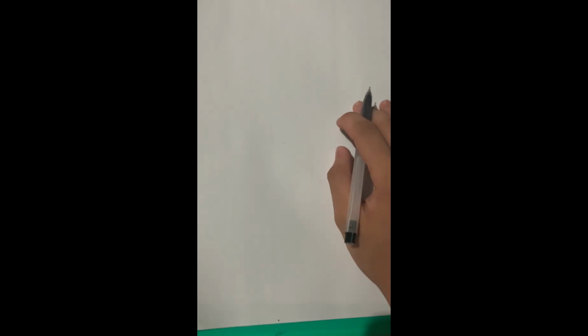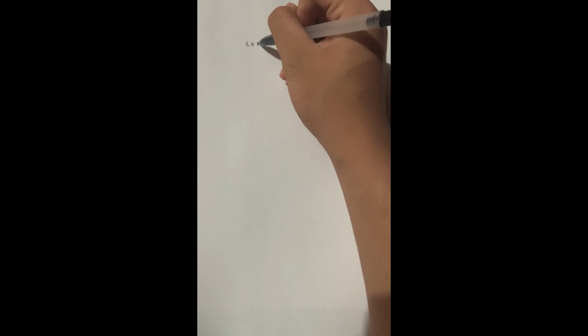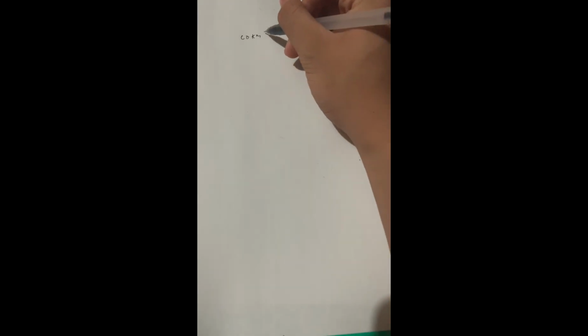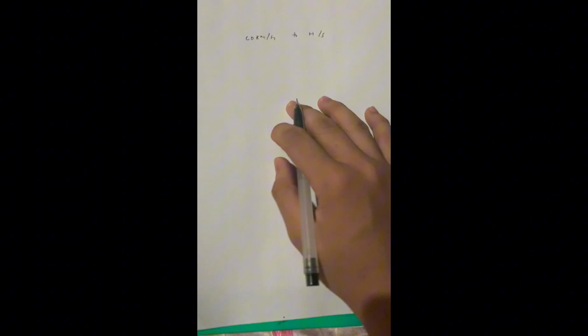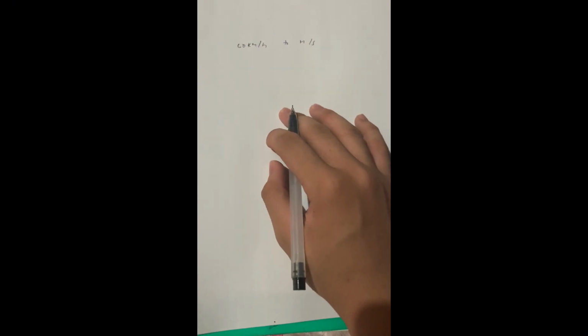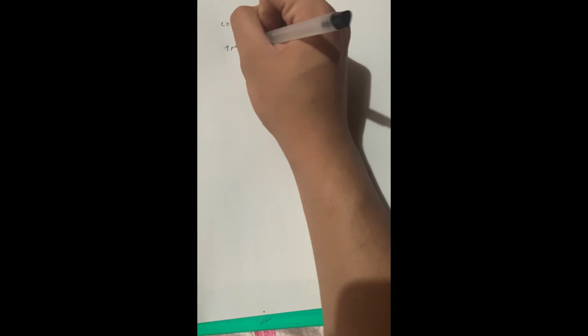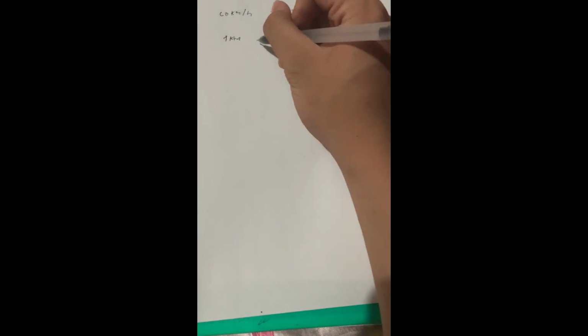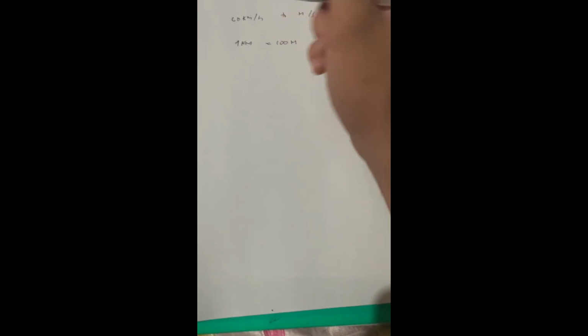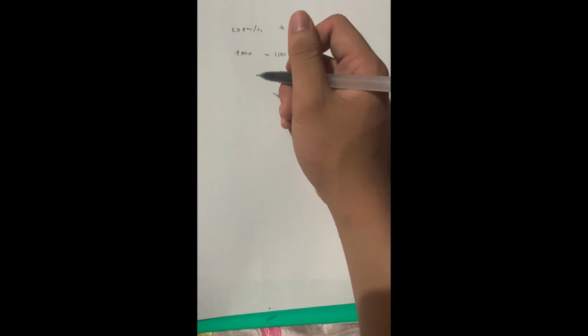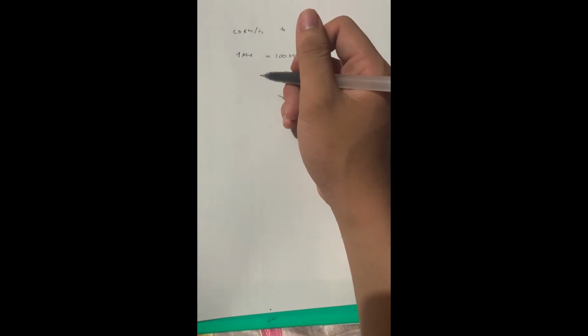Now, using conversion factors. A conversion factor is a fraction that equals 1. For example, convert 60 kilometers per hour to meters per second. 1 km equals 1,000 meters.